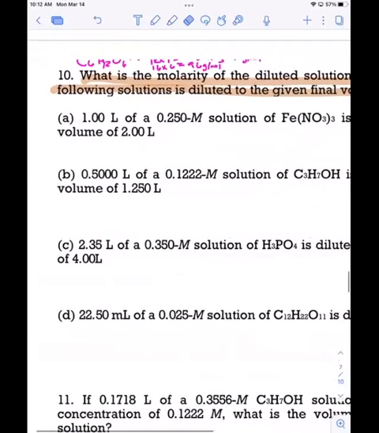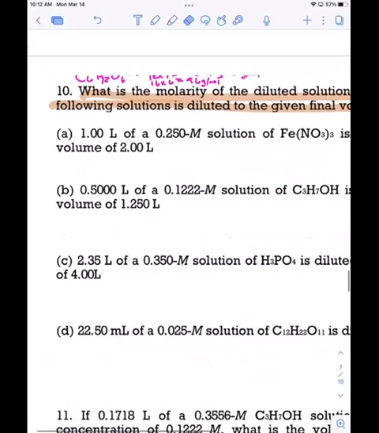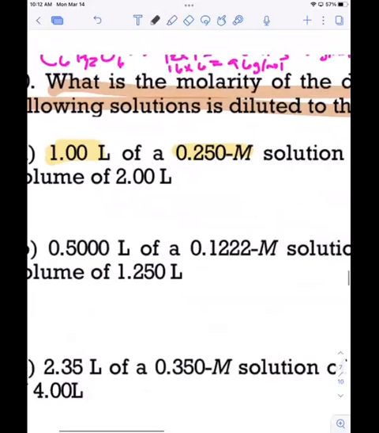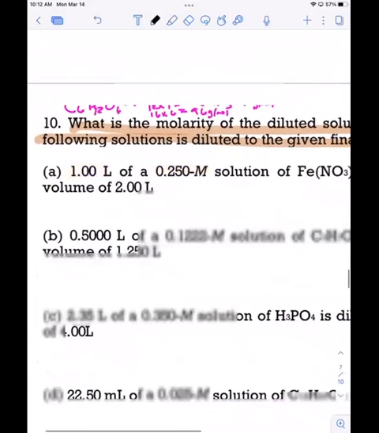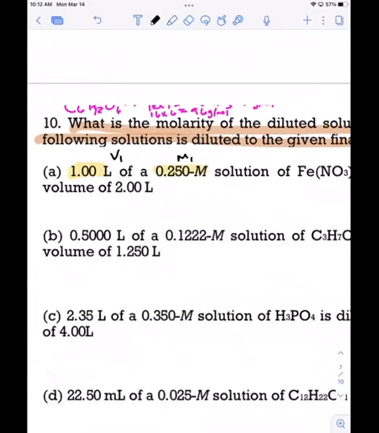All right, so it says 1 liter. So we have a volume. 1 liter of a 0.25 molar solution. So right away, we can see that this is going to be V1 and this is going to be M1. In the book, it might say C1, V1, where C is just symbolic of the concentration.